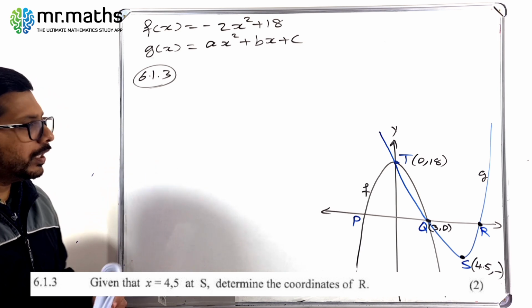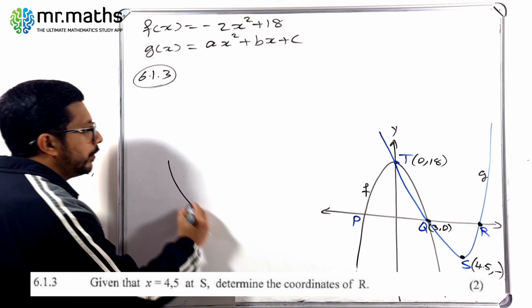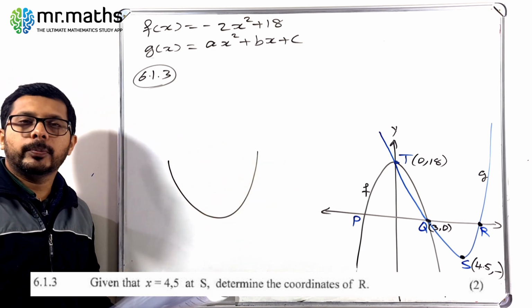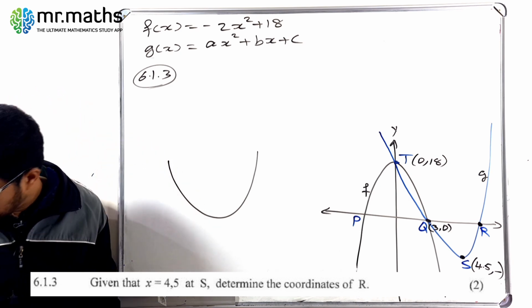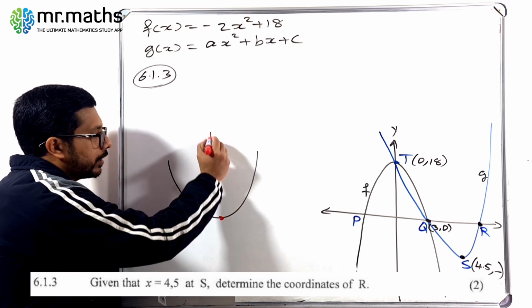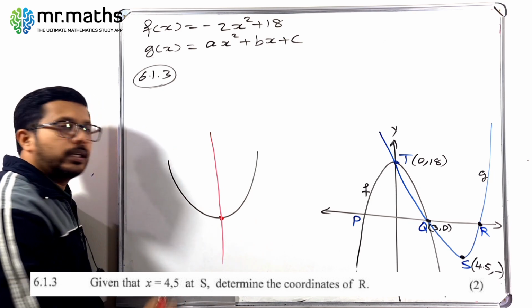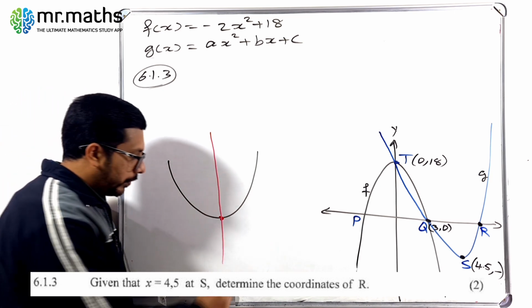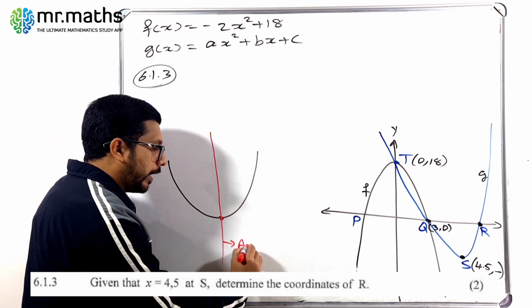Okay, so it's a very easy question. If I draw a parabola like this, or a quadratic function like this, you know that this is the turning point, and the name of this line is the axis of symmetry.